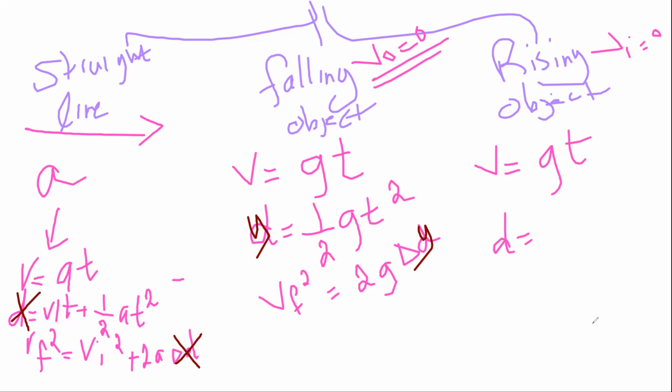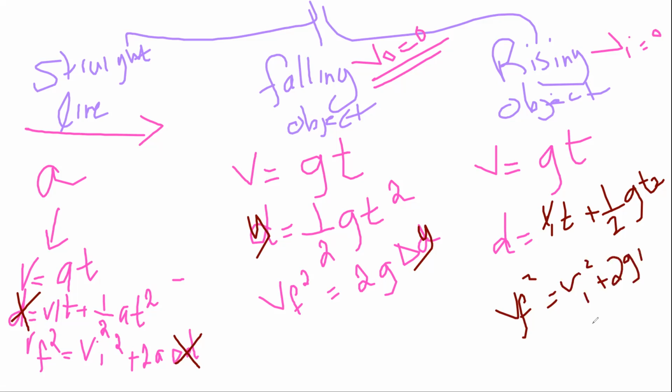So here now D has to be V initial T plus half G T squared. And the last one, V final squared, is V initial squared plus 2G delta D.